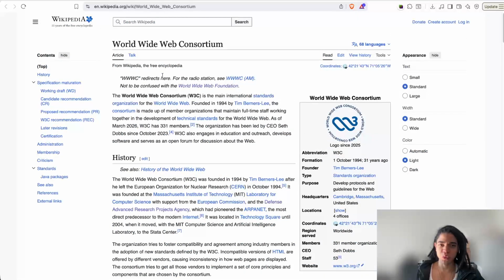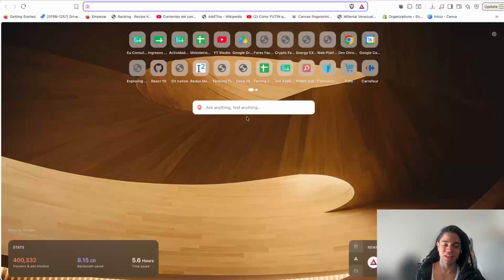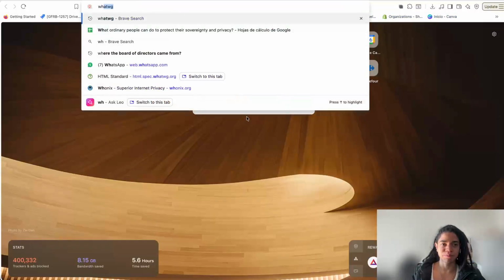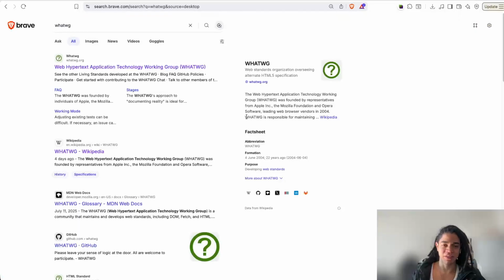Anyway, so this consortium was founded in 1994 by Tim Berners-Lee. The consortium is made of a members organization that maintain full-time staff working together in the development of technical standards. One of those standards is the CSS, and you also have the HTML that is now merged with another technical group that oversees the developing of web hypertext applications technology.